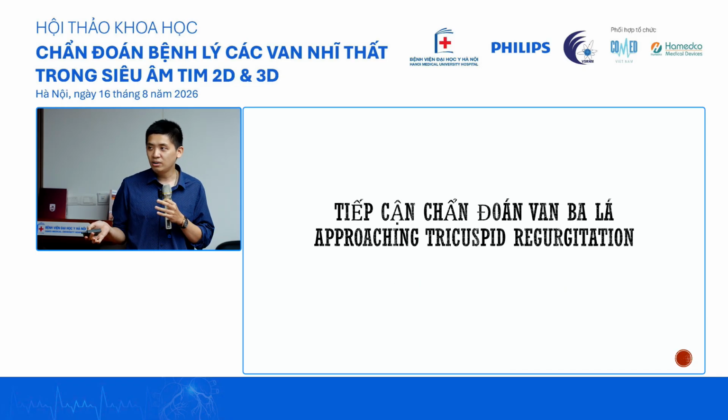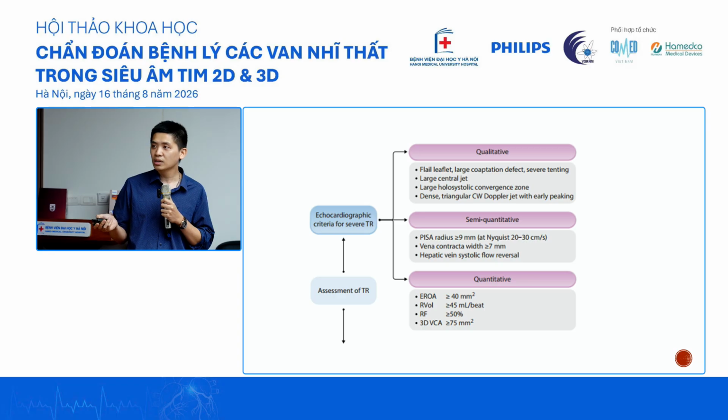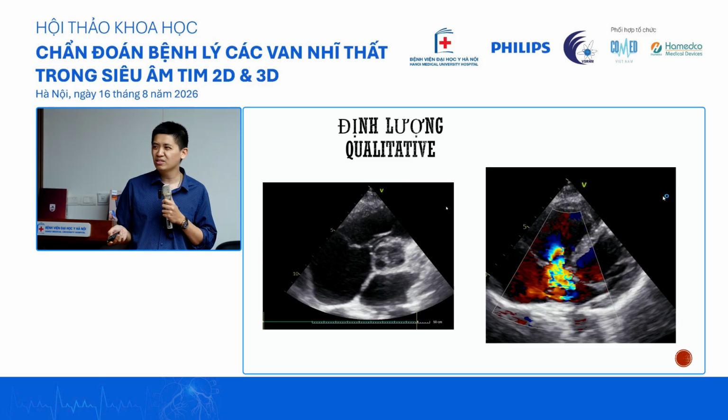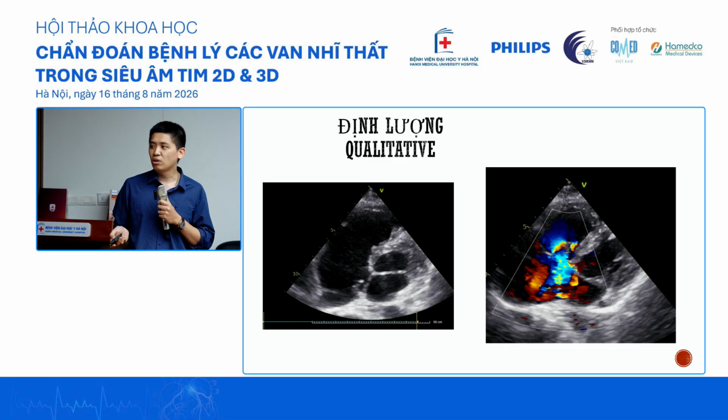That's why lately we try to approach tricuspid regurgitation by quantifying how it is actually doing. According to guidelines, we have qualitative, semi-quantitative, and quantitative measures. I'm going to skip the right ventricular function part because it's probably for another talk.